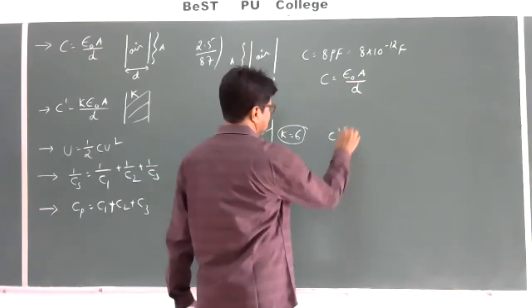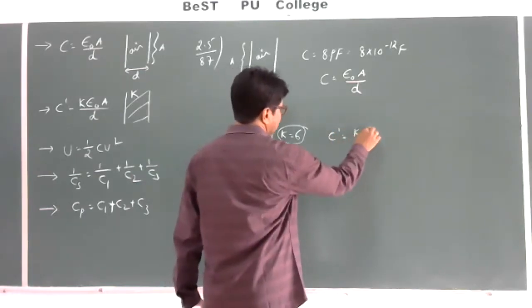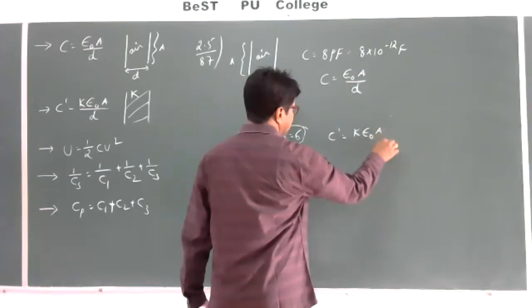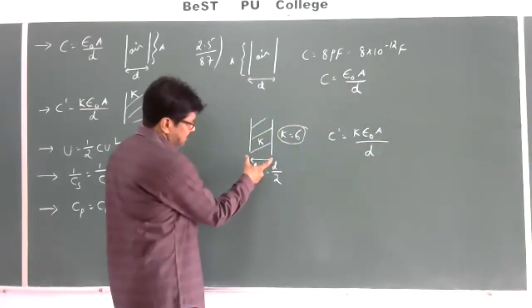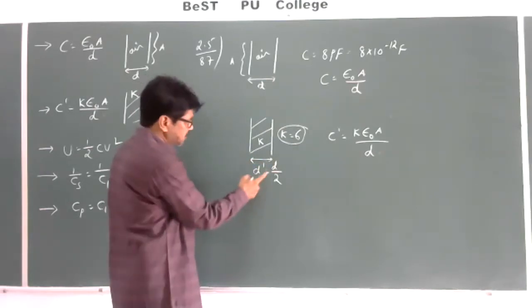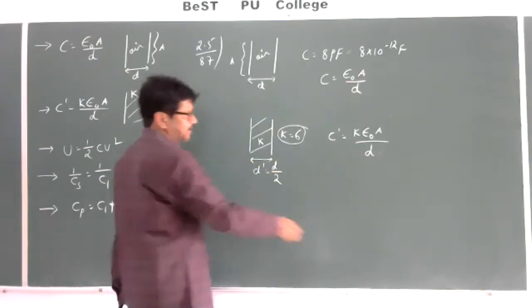So C dash is equal to K epsilon naught A by D. But here, the distance between the two plates is not D, it is D dash.